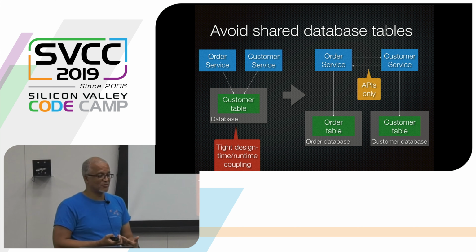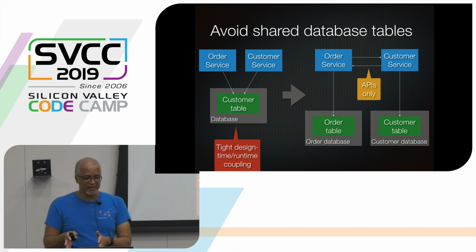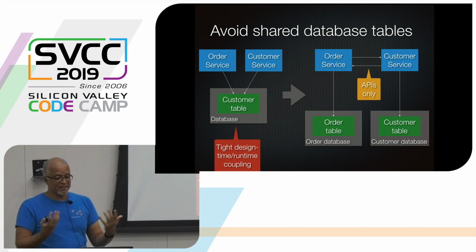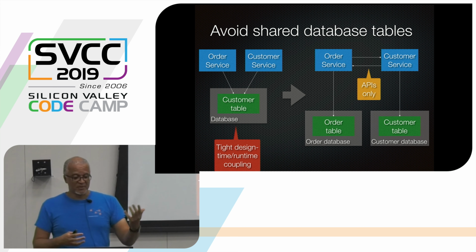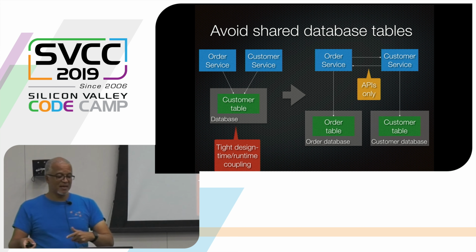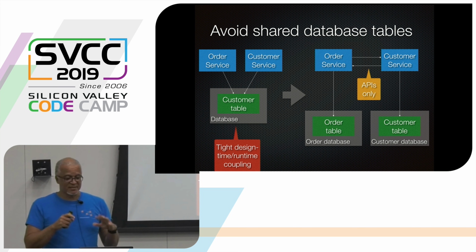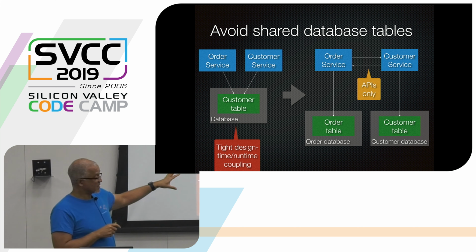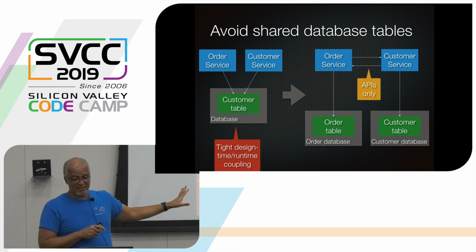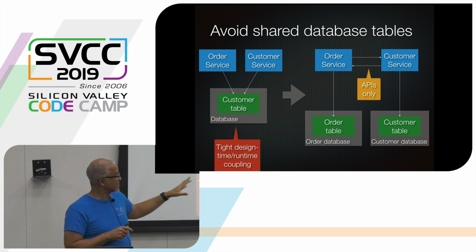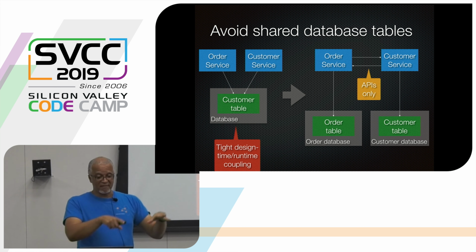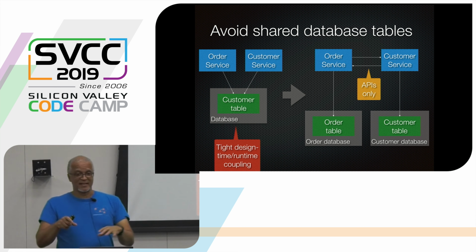It just gets too difficult to coordinate. And then it also implies runtime coupling as well. One service can claim a lock on a table that prevents another service from operating. So that's undesirable.